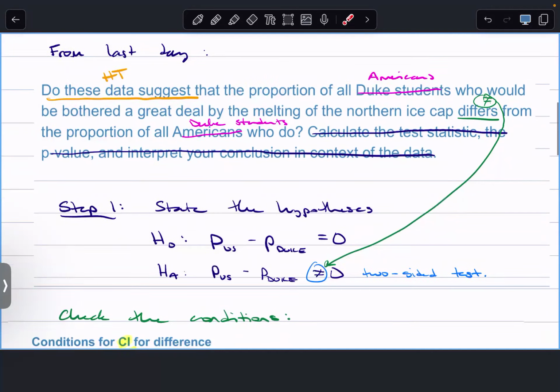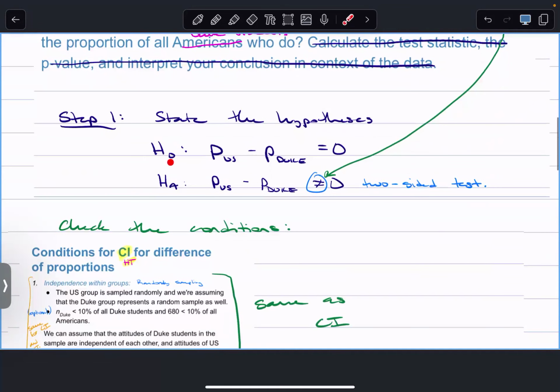What's really nice about 2 sample proportions, once you've identified that you have a 2 sample proportion question, then the null hypothesis will always be that P1 minus P2. We talked about it doesn't really matter which one is 1 and which one is 2 as long as you're consistent, right? P1 minus P2 is equal to 0, right?